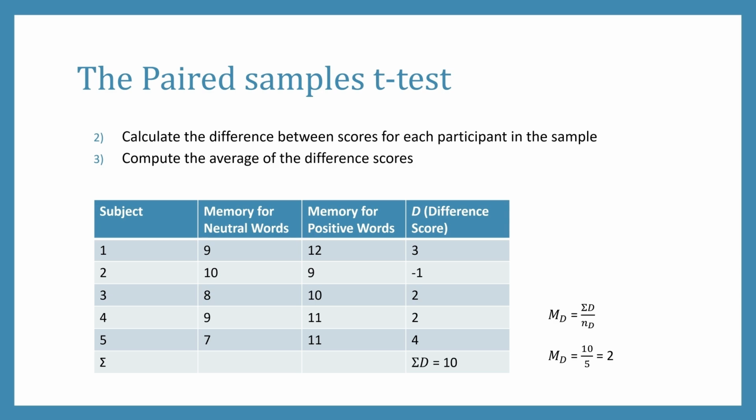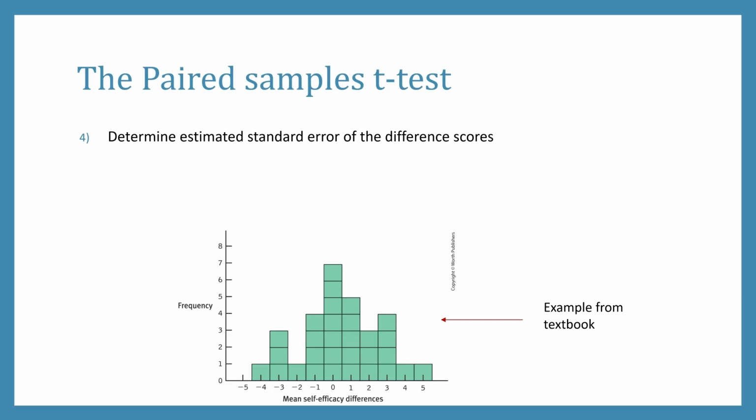But we always have to remember that we don't have enough context to vibe out what is a significant mean difference based on the mean alone. We also have to incorporate the idea of variability and that idea of standard error. All right, so our last step is to figure out that idea of variability. So we have to estimate the standard error of the different scores from the different scores themselves.